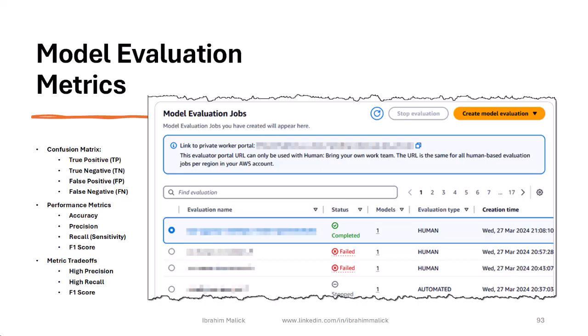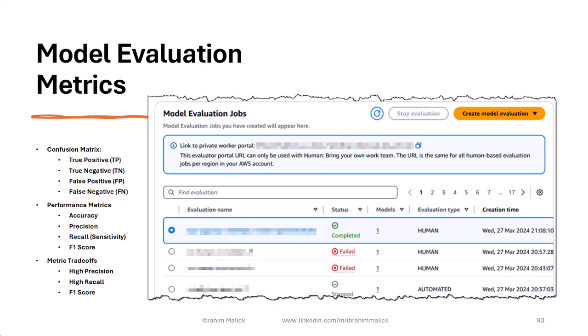True positives are when our model correctly identifies something, like correctly flagging a spam email. True negatives are when it correctly identifies that something isn't present, like correctly letting a legitimate email through. Then we have our mistakes: false positives, or false alarms, like marking a legitimate email as spam, and false negatives, or missed detections, like letting a spam slip through into your inbox.